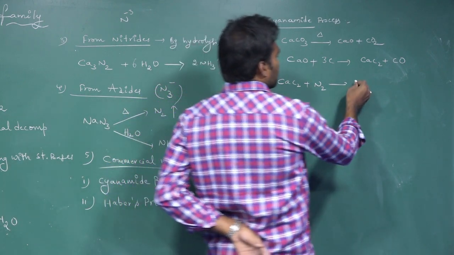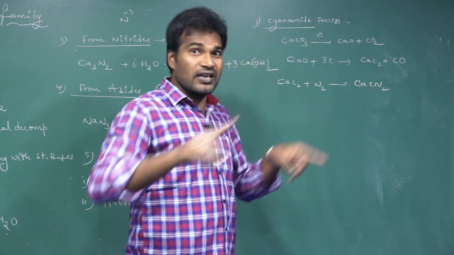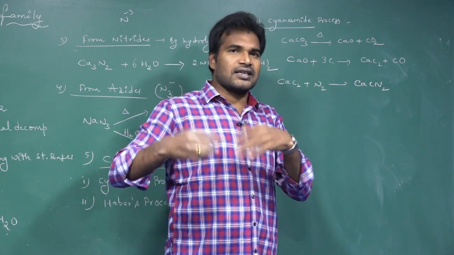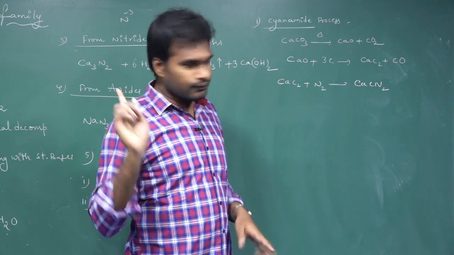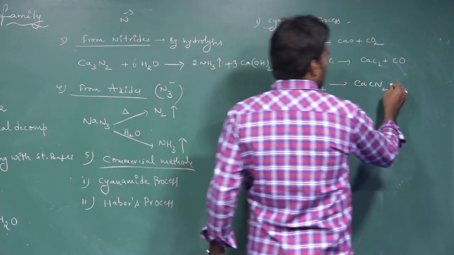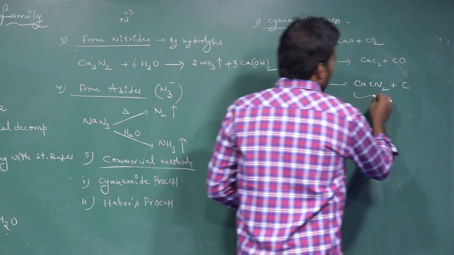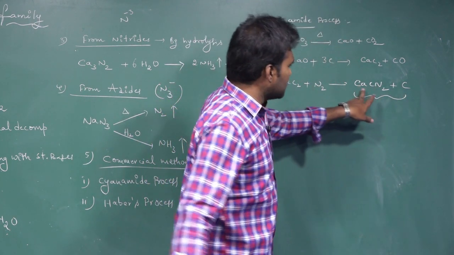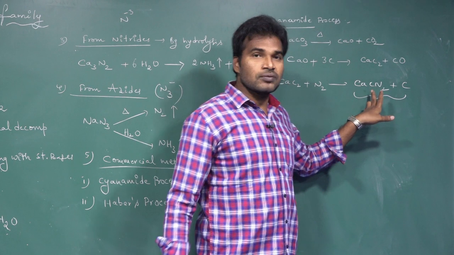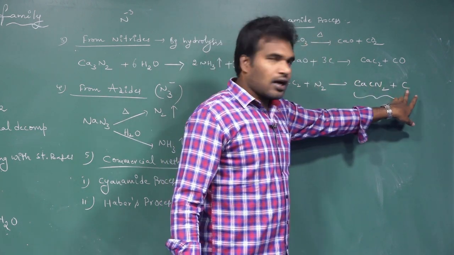Then when this calcium carbide is mixed with nitrogen, we will get CaCN2, not Ca(CN)2. Ca(CN)2 means calcium cyanide, that is different. This is CaCN2 plus carbon. CaCN2 alone we call calcium cyanamide, and this is carbon.